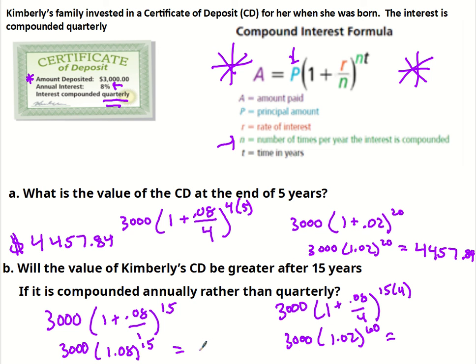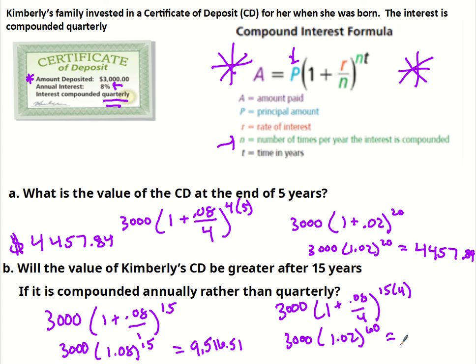Well, if it was compounded annually, it's going to be worth $9,516.51. That's pretty good. In 15 years, we went from 3,000 to 9,000, so it's tripled in value. More than tripled in value, for doing nothing, didn't add any money. Okay.